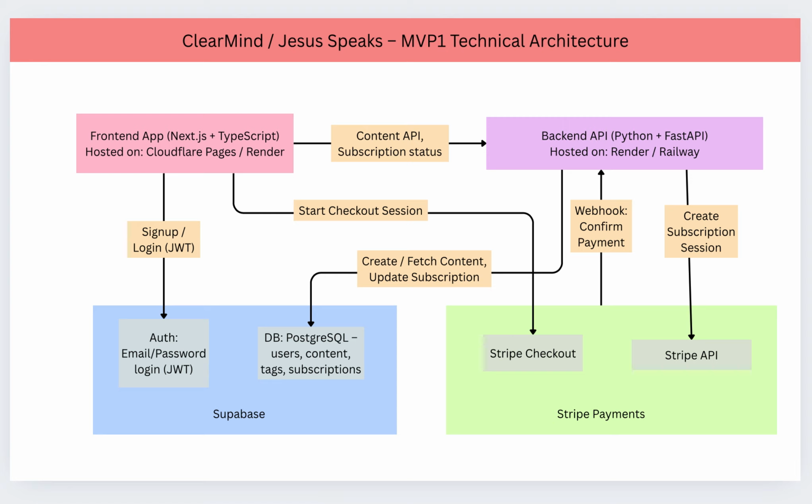For hosting, here's what we are using. For front-end, Next.js is hosted on Cloudflare Pages or Render Static. It's fast, global, and reliable. For backend, FastAPI is hosted on Render or Railway, both of which support Python apps and auto-deploy from Git.